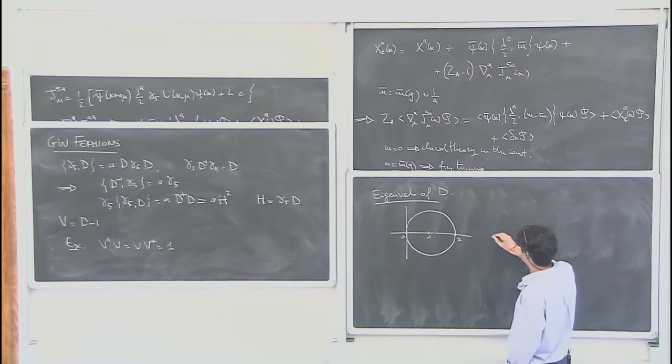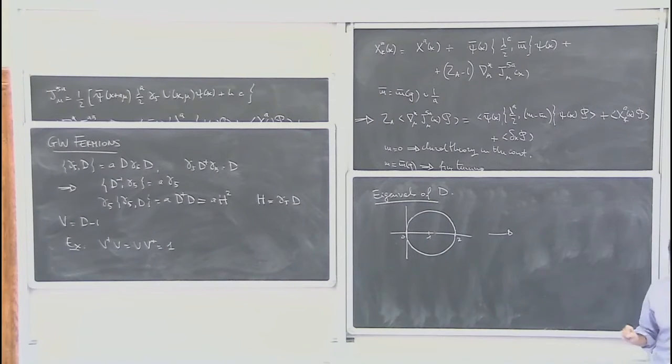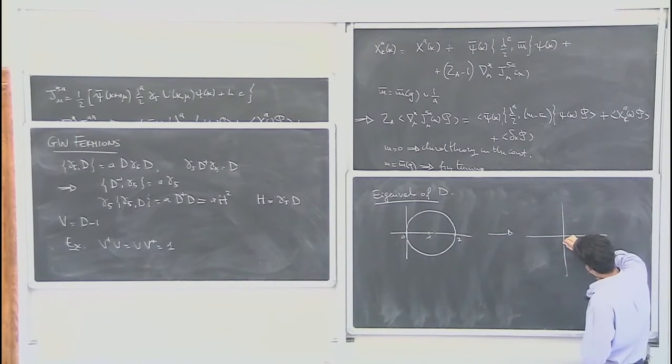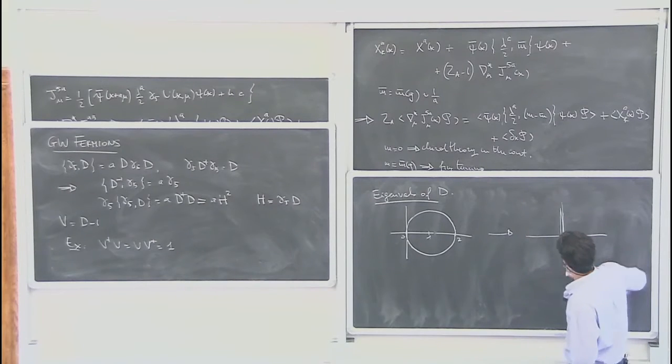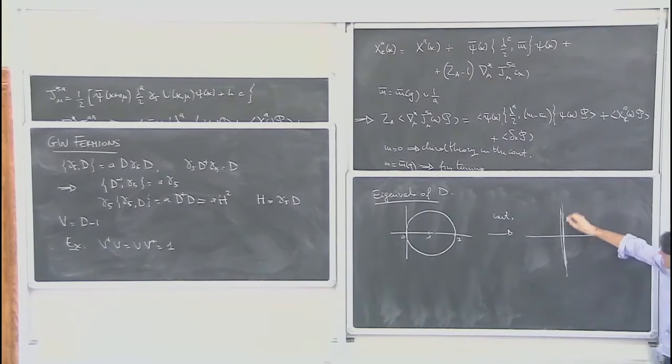And remember, just for comparison, in the continuum, do you remember what happens to the eigenvalues of D? In Euclidean space, they're all imaginary. Okay, they come in complex conjugate pairs, and they're all imaginary. So in the continuum theory, the eigenvalues of the Dirac operator are all on the imaginary axis.